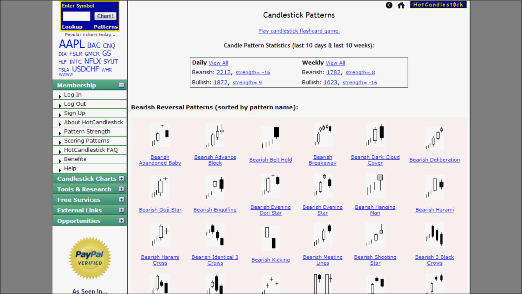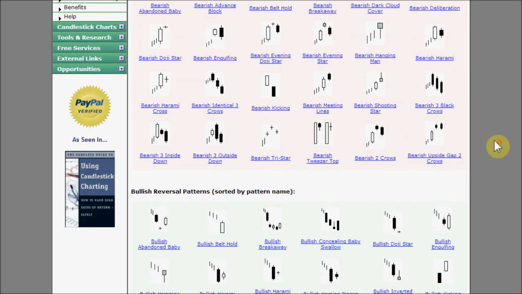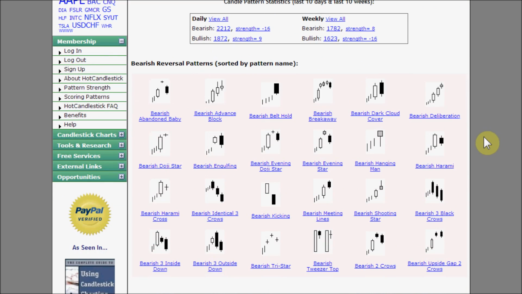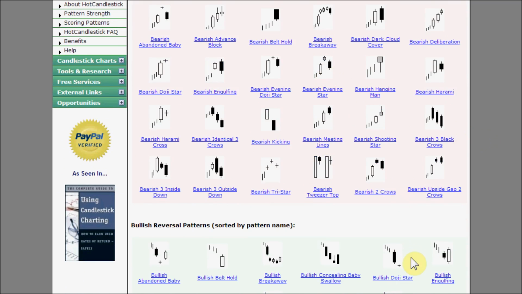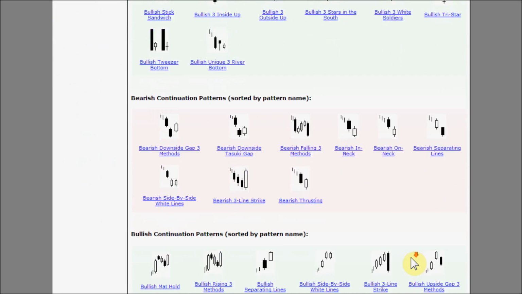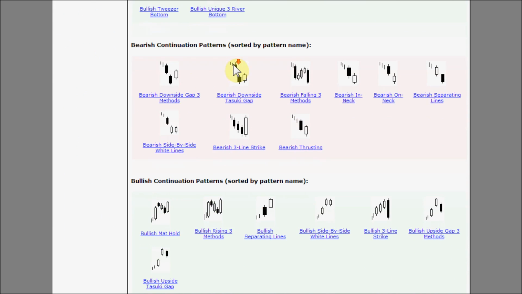This is one of the most complete sites that I know of, with all kinds of information and different combinations. There are hundreds of them, and it's really hard to cover them all, but they do a pretty good job of it. What I like about this site is they cover the bearish and bullish reversal patterns, and they also have the bearish and bullish continuation patterns.